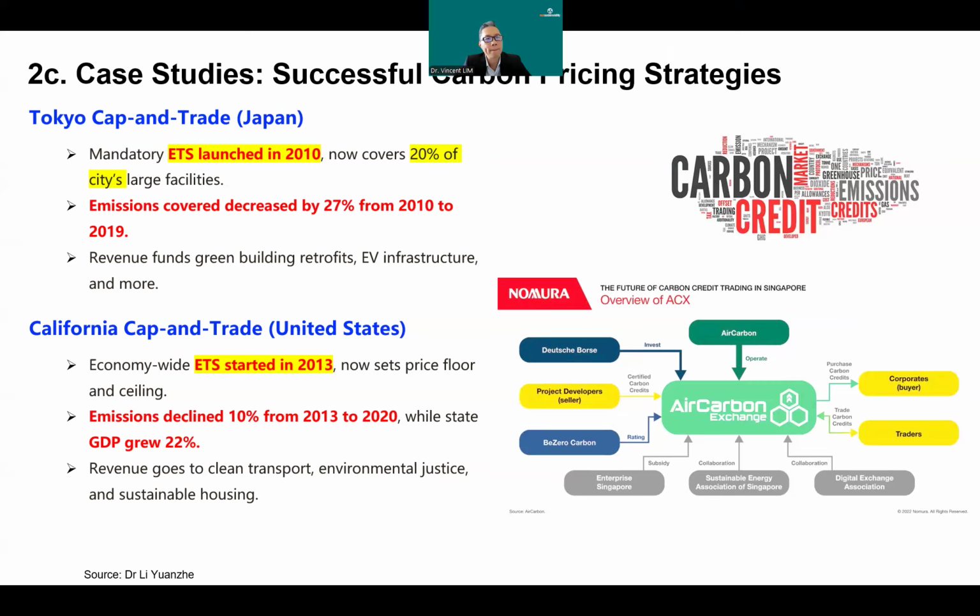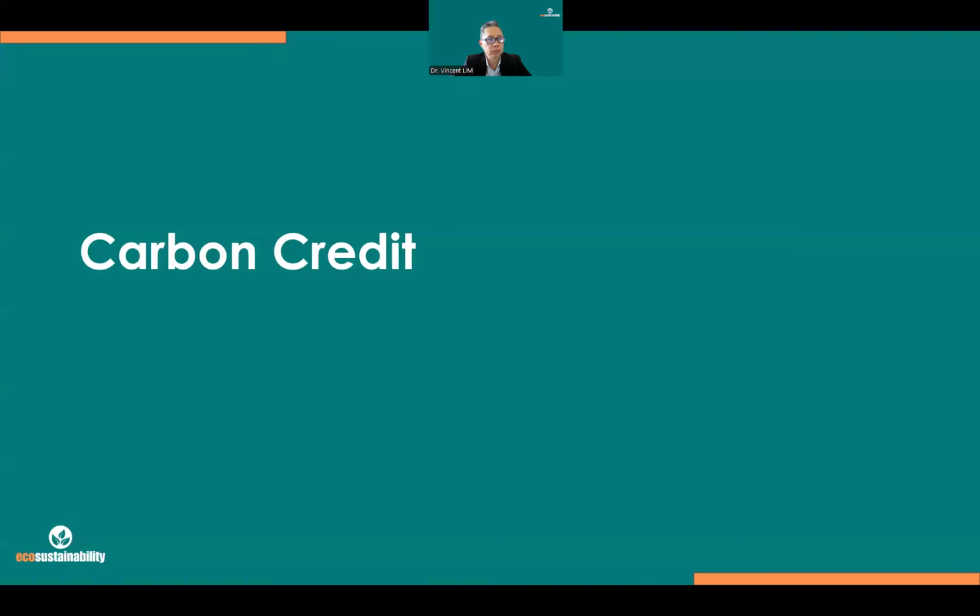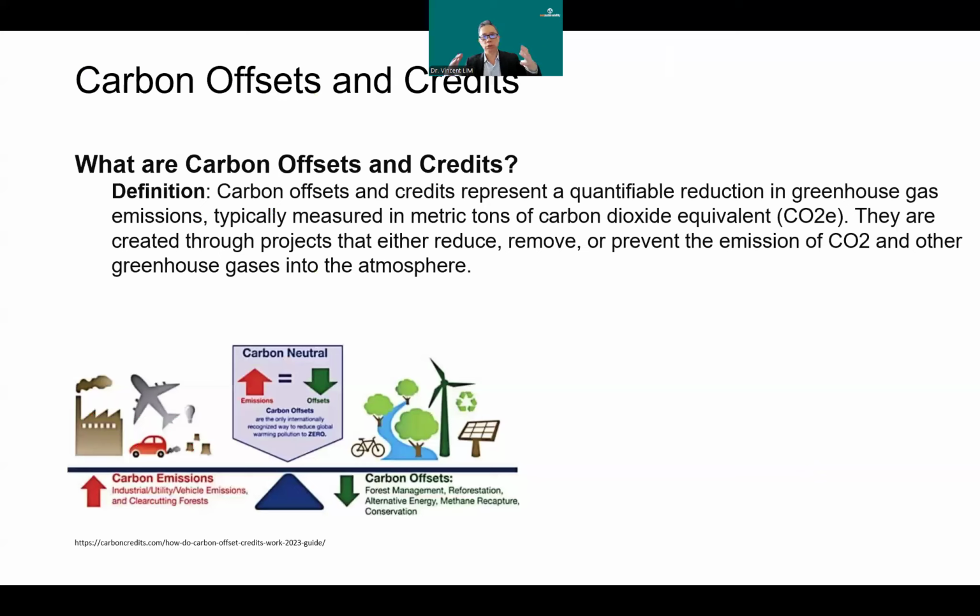Suspect it will. Okay, so now another subject where a lot of people like me to talk about, but due to time, I can only squeeze them into this introduction. So what are carbon offsets? They are basically quantifiable reductions in greenhouse gases, typically measured in tons, and then they can be sold. Also, you are basically creating a reduction of carbon dioxide and other greenhouse gases.